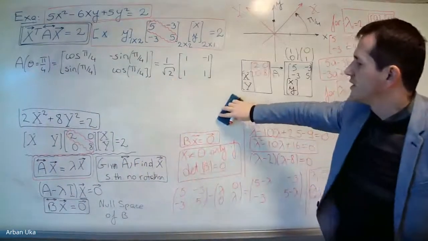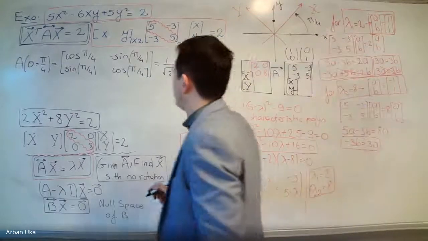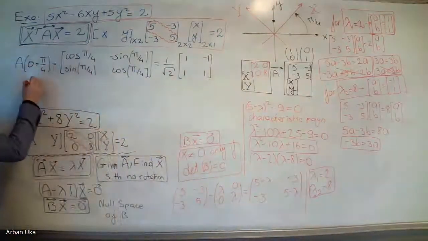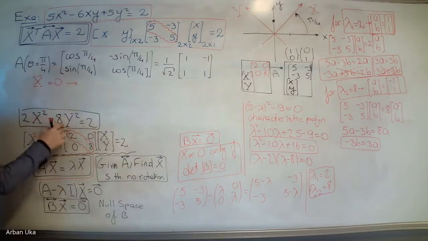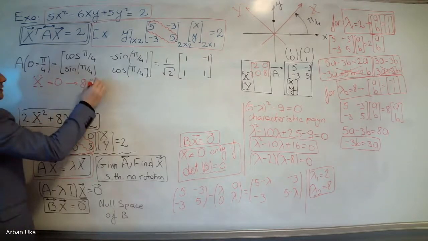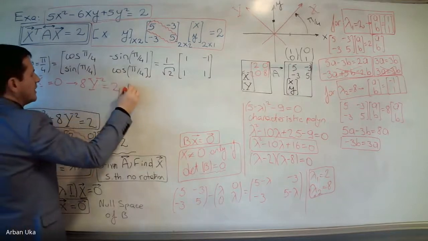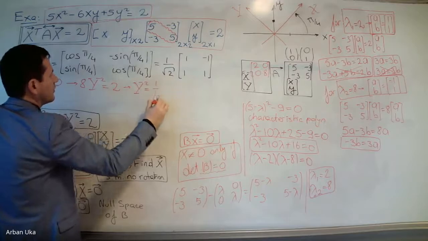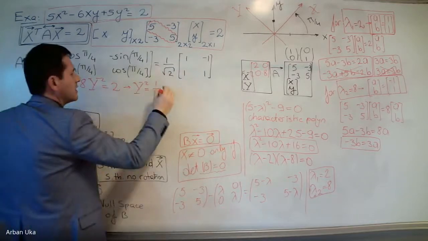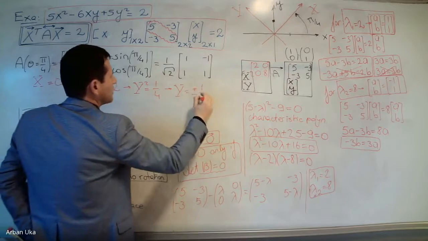Where will this ellipse intersect the new coordinate system? From capital X equal to 0, what we obtain from here is that 8y squared is equal to 2, and then y squared is going to be 1 over 4, and this means that y is plus minus 1 over 2.